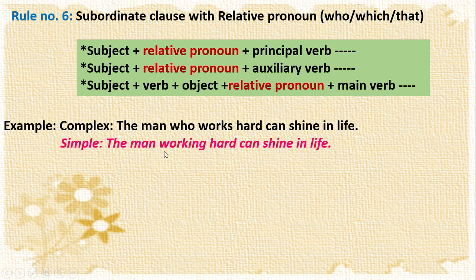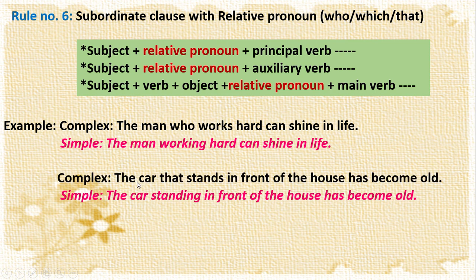Look, the man working hard can shine in life. Another example, the car that stands in front of the house has become old. We will omit the relative pronoun and add ing with the main verb. The car standing in front of the house has become old.